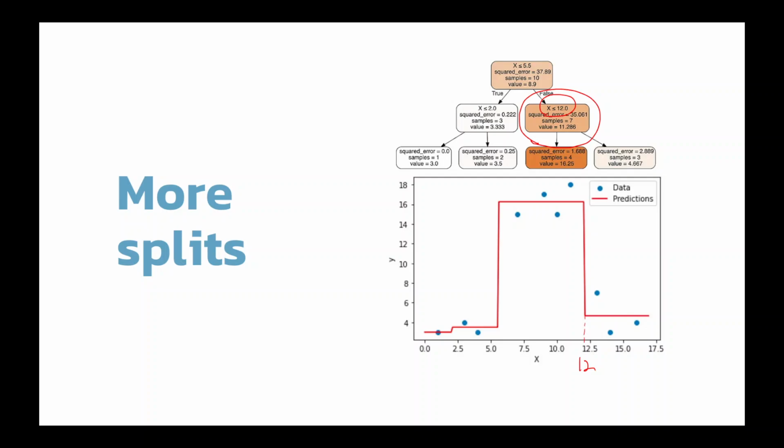And again, when you split, you're going to take the value to the left of your split and calculate the mean value of it. That would be this value, 16.25. And then there's another mean value of the data points to the right of your split, which is going to be 4.667.